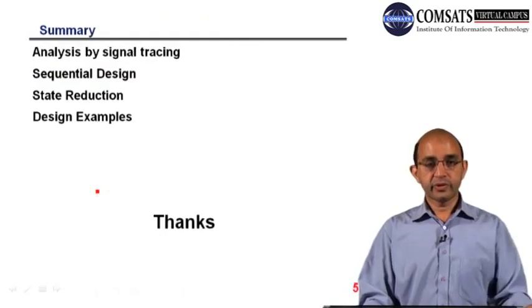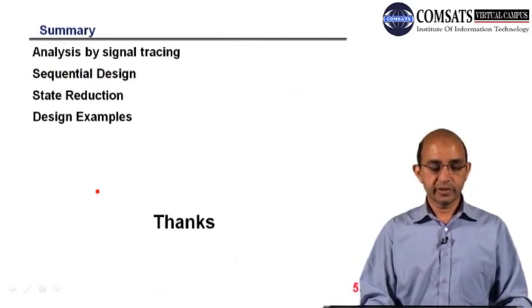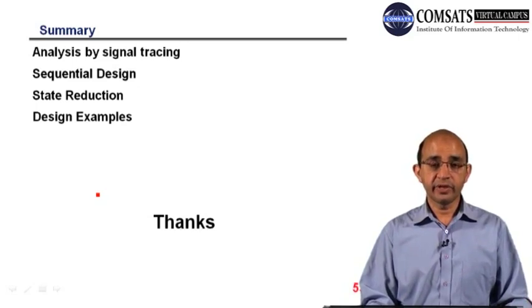So that's all for today's lecture. Today we talked about sequential circuit analysis by signal tracing, and then we talked about sequential circuit design and how we can reduce the number of states, because in combinational logic we normally use Boolean axioms, Boolean laws, and K-map.